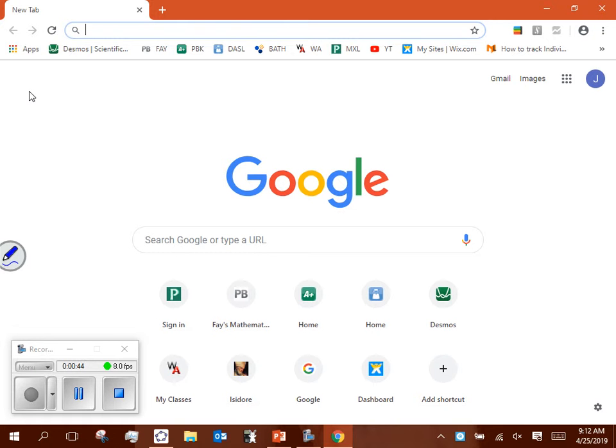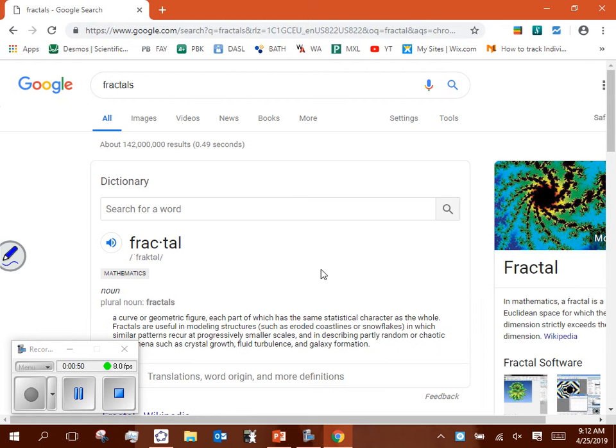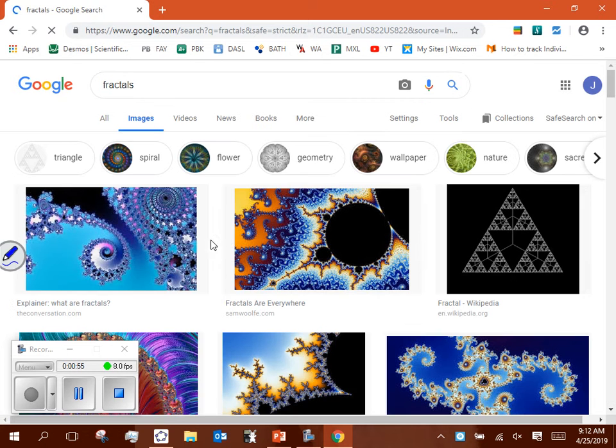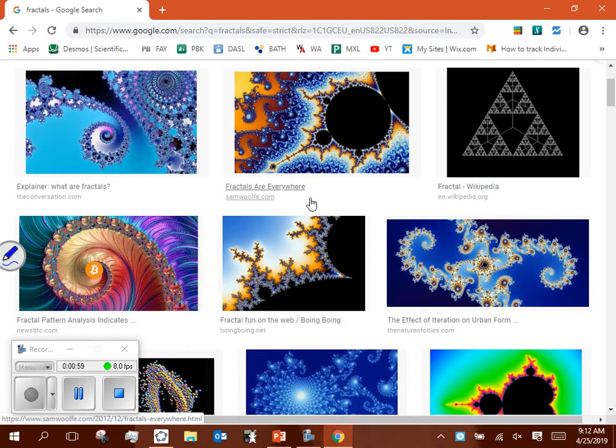Okay, let's do a quick Google search of a fractal here. Let's see some images. These types of things. You ever seen these? These are fractals.